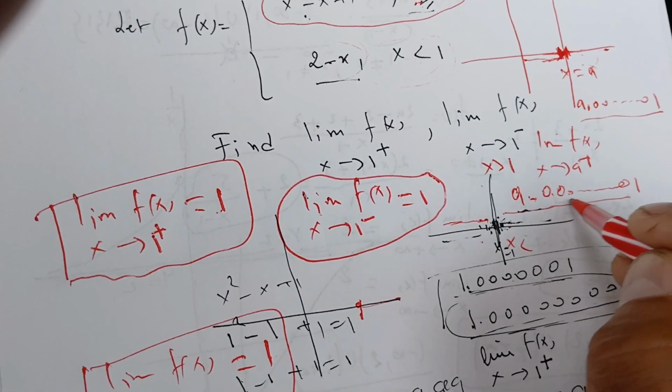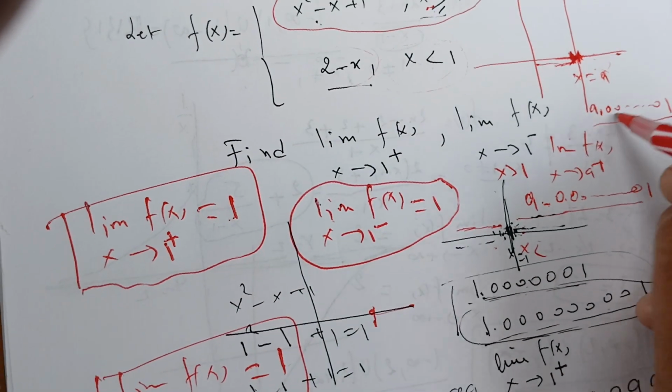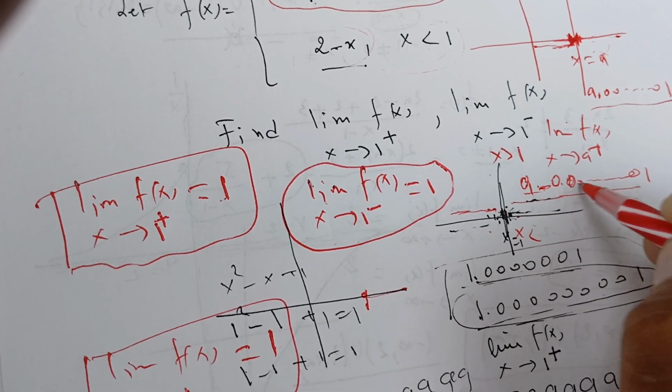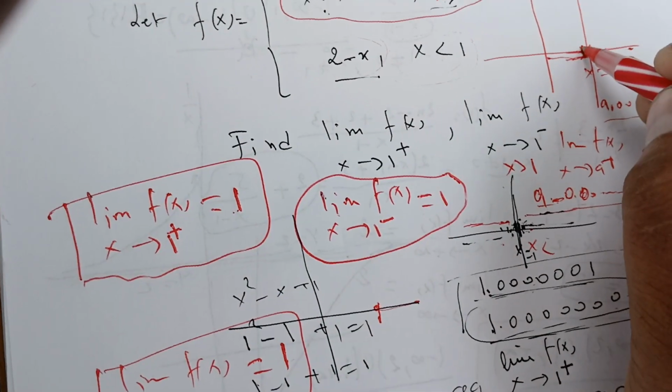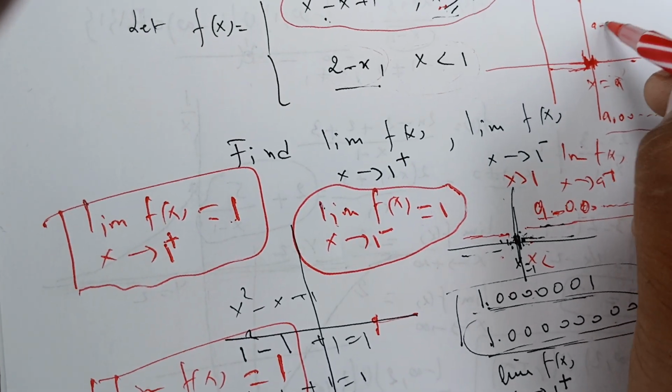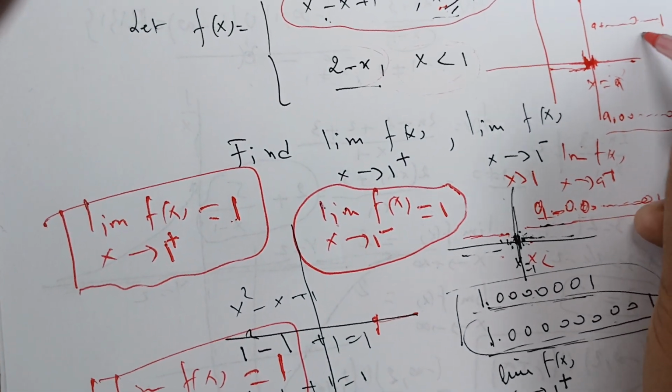So I subtract something from a. Here, think of this one as adding something to a. So it's a minus 0.00 something. Here, think of it as a plus 0.00 something.